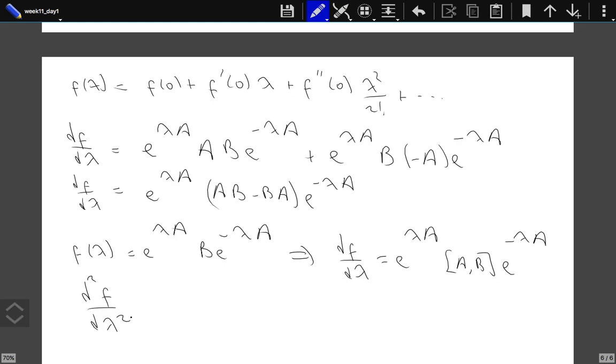We have e to power lambda A on the left, e to power minus lambda A on the right, and the commutator of A and B in the middle. Taking the derivative with respect to lambda once more, we just replace the operator in the middle by the commutator.